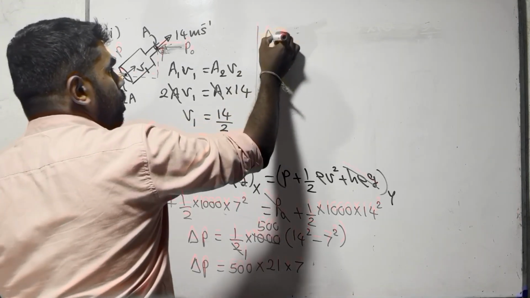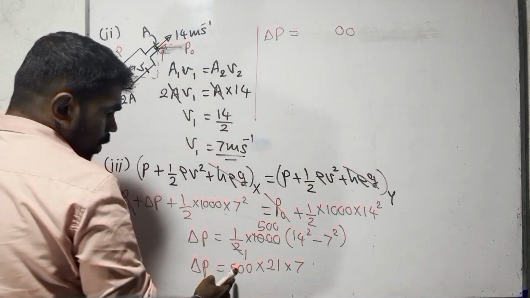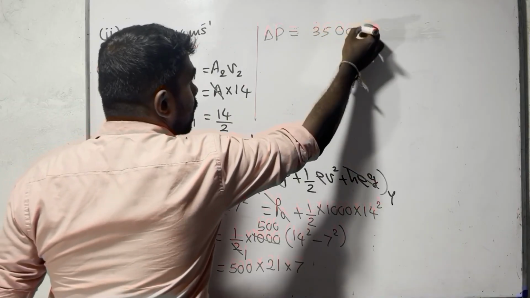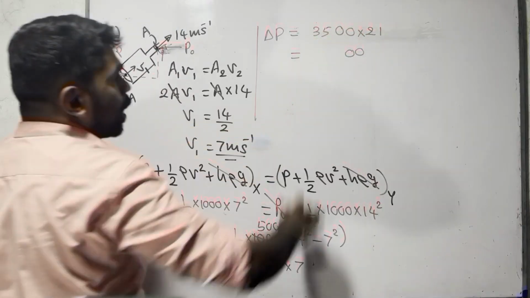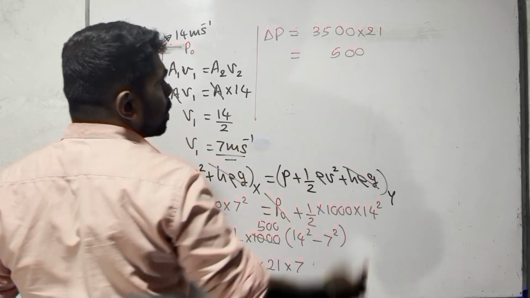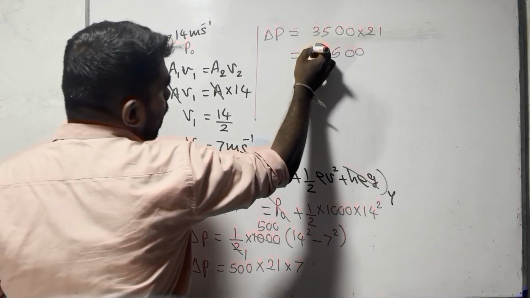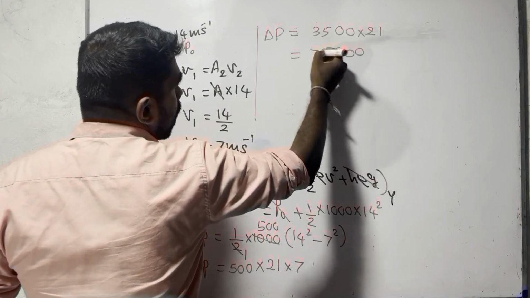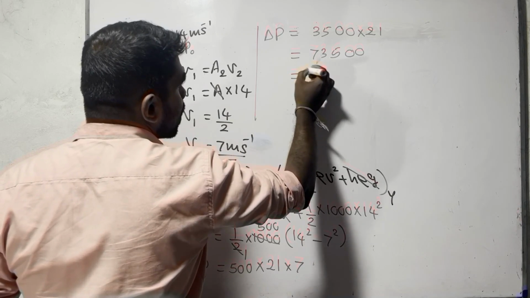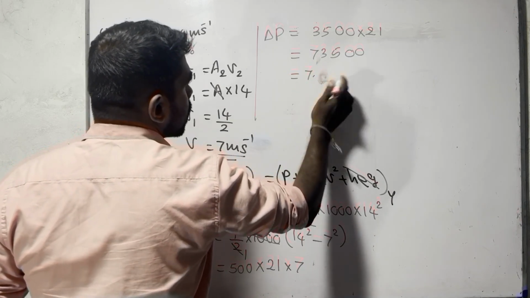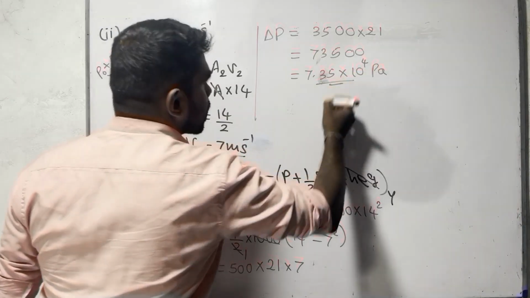Delta P equals, there are two zeros, 5 into 7, 35. Multiply by 21. 2 zeros, 21 into 5, 105. 5, 10 remaining. 21 into 3, 63. 63 plus 10, 73. We can write it as 73,500 Pascal or 7.35 into 10 to the power 4 Pascal.